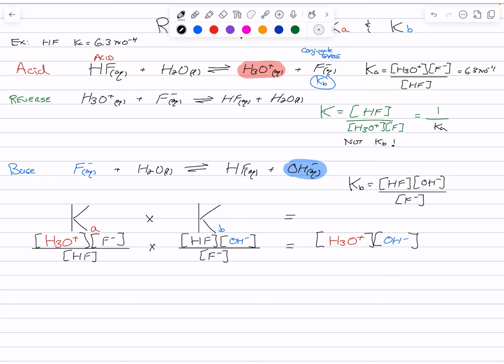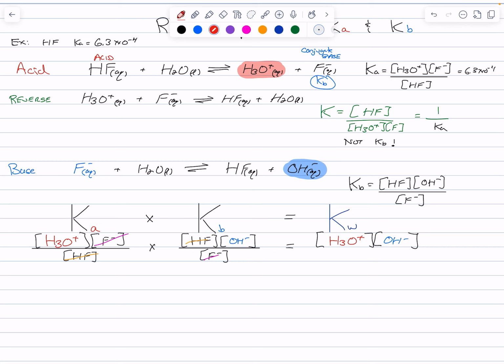So we get hydronium times hydroxide, because fluoride is going to cancel, and hydrofluoric acid is going to cancel. And this happens to be Kw. So Ka times Kb is Kw.